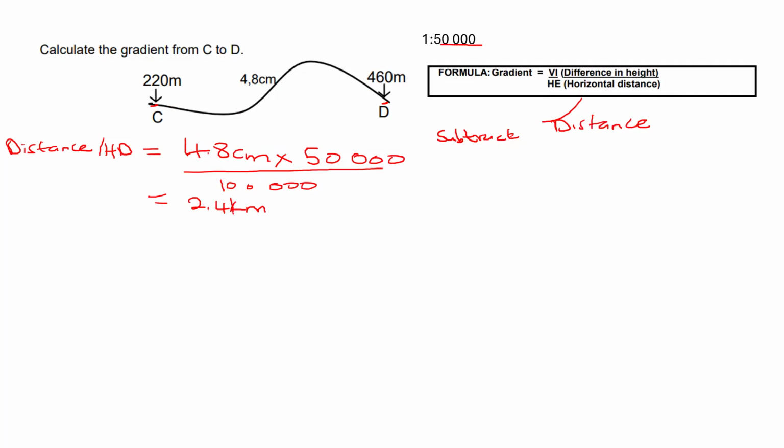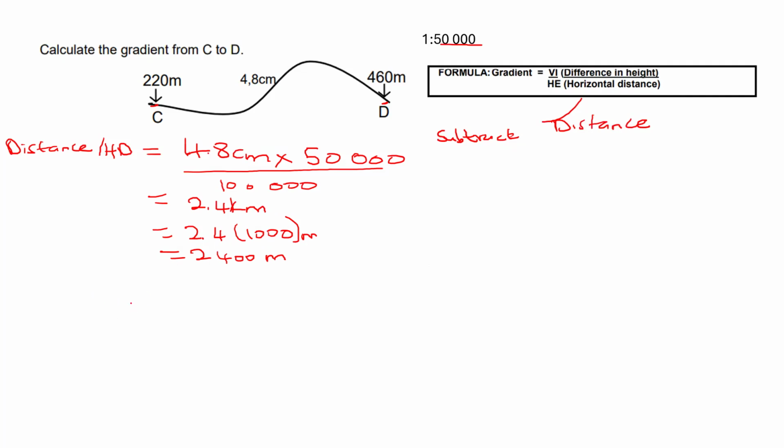We know the word kilo means 1,000. So where I see K, I put 1,000. So 2.4 multiplied by 1,000 is 2,400 meters. All right, that is my horizontal distance.